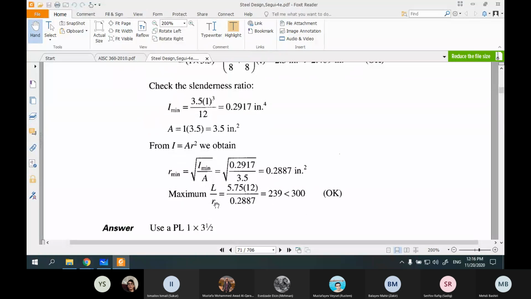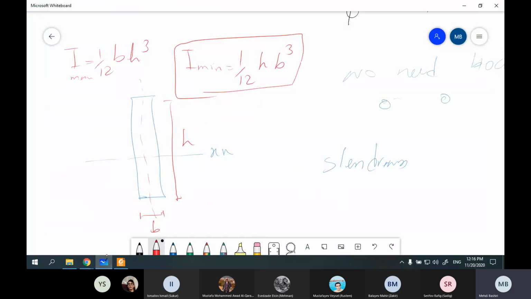r min is 0.29. L over r. What was L? 5 feet 9 inches, if I'm not mistaken.